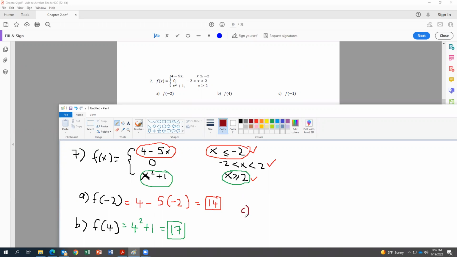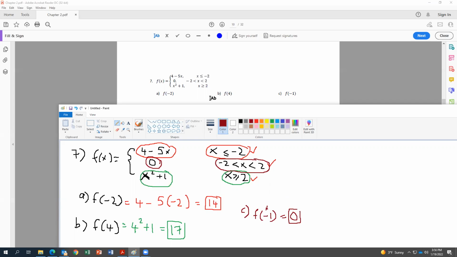And for part C, f of -1, because our x in this case is -1, and -1 is in between -2 and 2. So your answer in this case will be 0, because there's no x here. If your function does not have x in it, then you just use that number, 0. So your answer for question C will be 0.